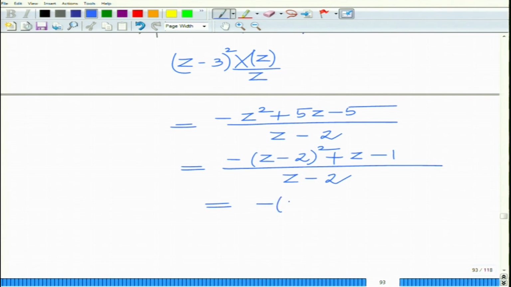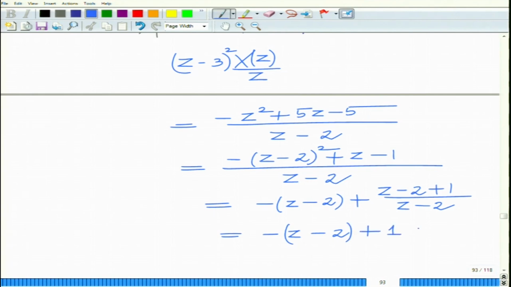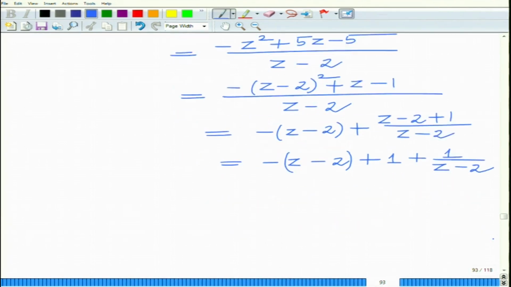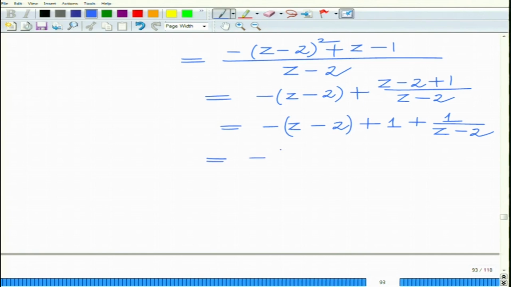That equals minus z minus 2 plus, now z minus 1 can be written as z minus 2 plus 1, so minus z minus 2 plus 1 plus 1 by z minus 2, which equals minus z plus 3 plus 1 by z minus 2.